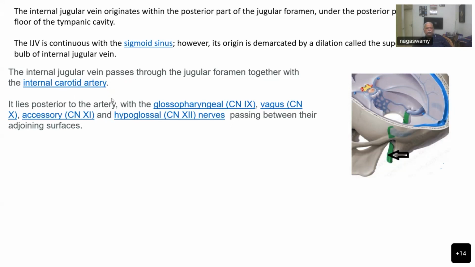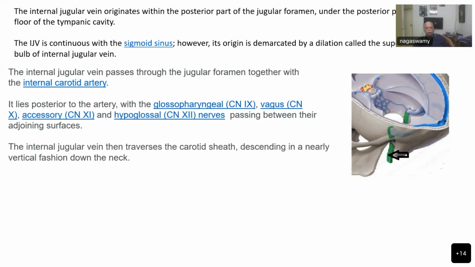I mean the artery is anterior and the vein is more posterior. And with the glossopharyngeal, 4 cranial nerves are accompanying there. Cranial nerves 9, 10, 11, and 12 pass between the adjoining surfaces. That is, these 4 cranial nerves are traversing between these 2 vessels.